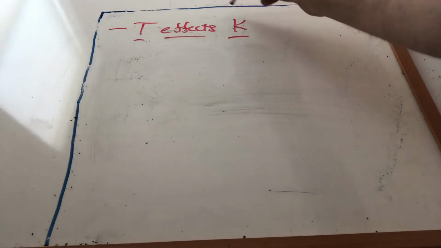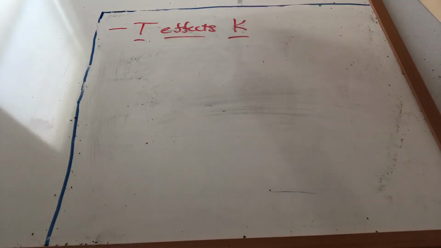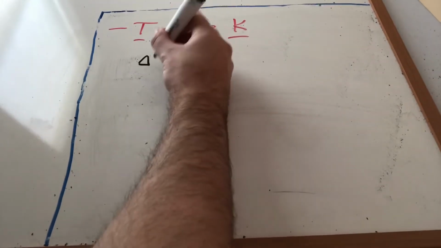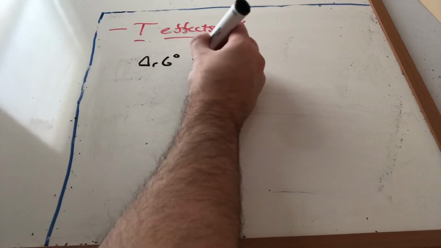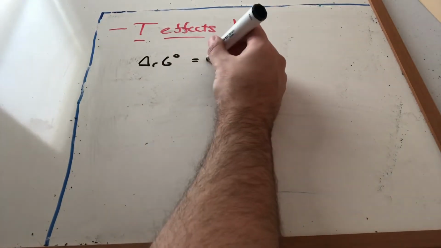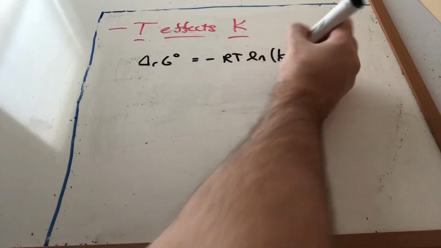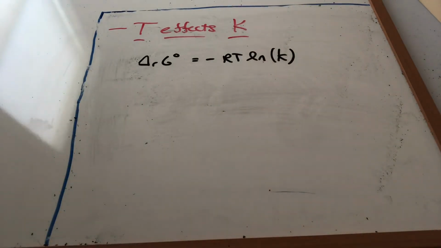So if the equilibrium is shifting based off of temperature, right, then that means that K is changing based off of temperature, right? So if we look at this expression right here that we wrote down earlier, delta reaction G naught is what gives us K. It's minus RT, the natural log of K, right? Definitely true.